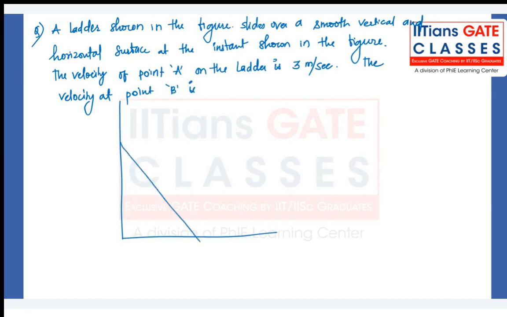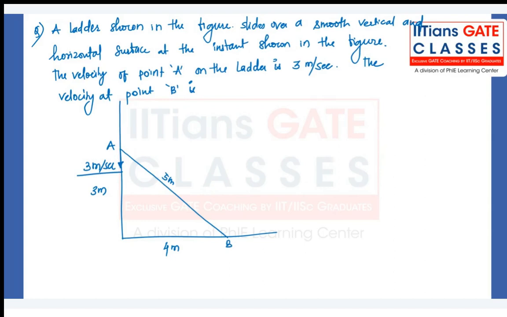Okay, this is the ladder, 3 meters. This is A. This is B. This is 4 meters. So the ladder is 5 meters. So this is sliding down at a velocity of 3 meters per second.